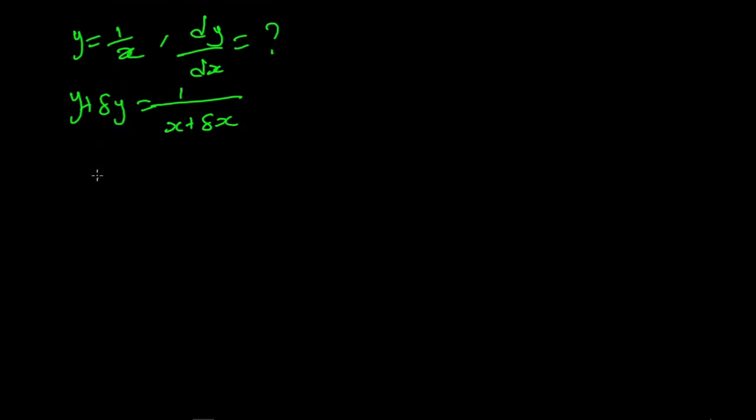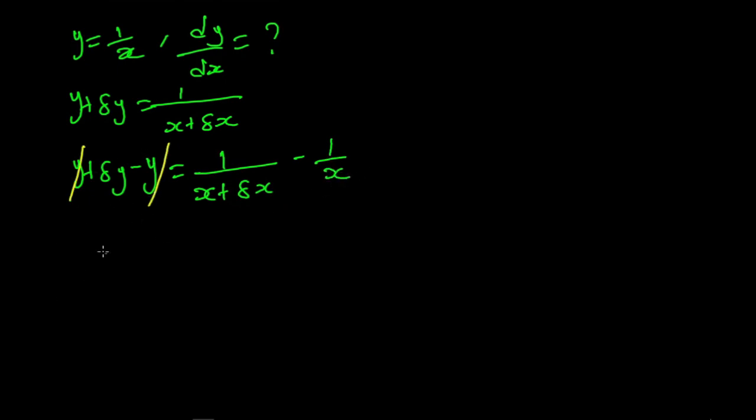Subtracting y from both sides, we have y plus delta y minus y, which is equal to 1 over x plus delta x, and we know that the value of y is equal to 1 over x. This is going to cancel this, and we'll be left with delta y on this side.